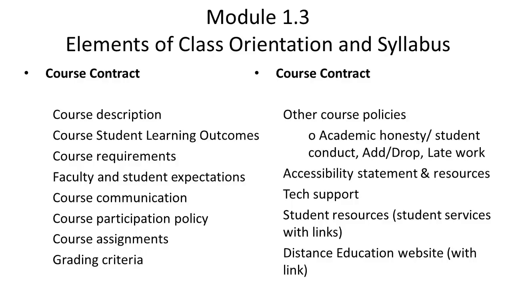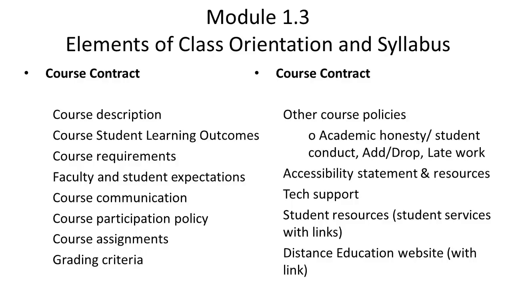In addition to faculty and student expectations, you would also have information regarding accessibility. This is particularly important where students can't simply approach you in class, but rather need to do this electronically.